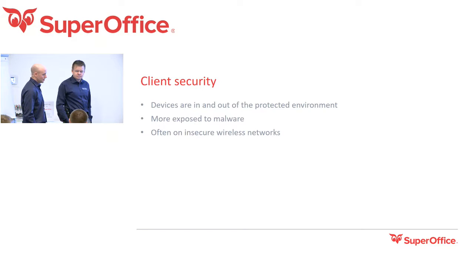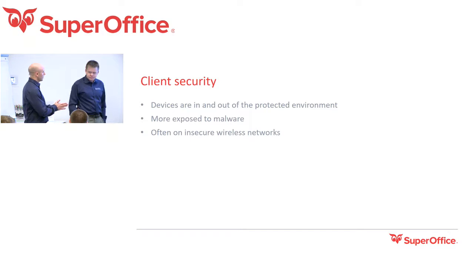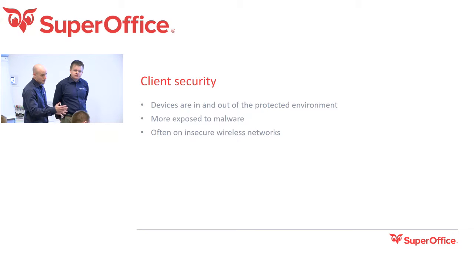And of course, that's why malware is mostly found on client computers, because you move around and you're connected to different networks. If you look at, let's take Watchcom, for example, or SuperOffice, or any other company, you have a big firewall in front, you have different IPS systems and all security measures before the client network.